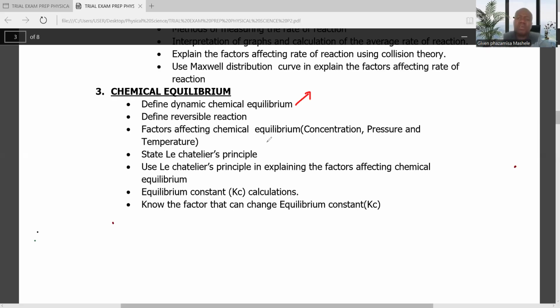A dynamic chemical equilibrium is a stage in a closed system in which the forward and the reverse reaction are equal.